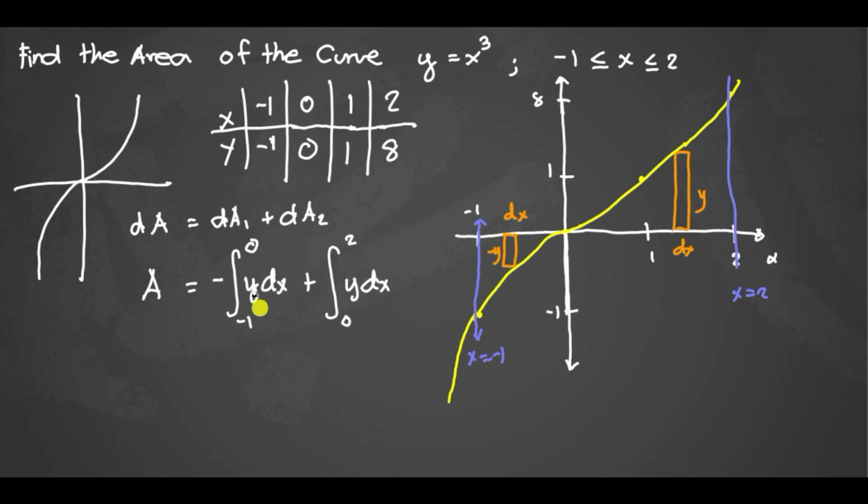As I said, we need to substitute our y here, so our area becomes negative integral of x cubed dx evaluated from negative 1 to 0, plus the integral of x cubed dx evaluated from 0 to 2.